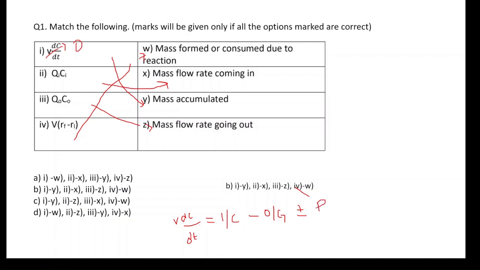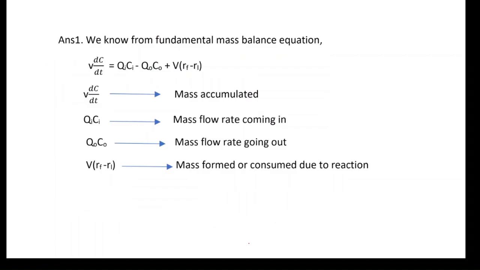Okay, this is what we write. And when we say steady state, simply this side will become zero. So this is how we were solving all the reactor analysis problems. Then yeah, this is what I already explained.